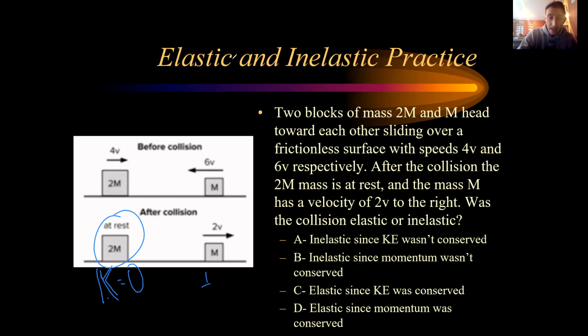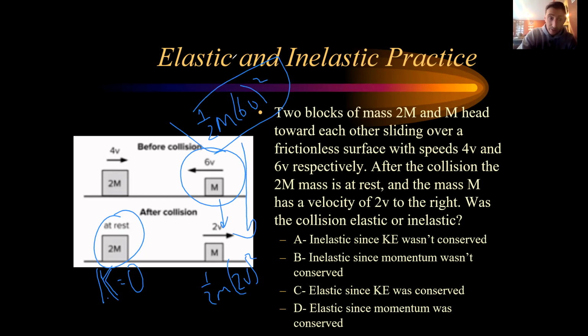And I have 1/2 m times 2v squared. Well, right away, I can tell you that this has more kinetic energy than that does, because it has 1/2 m, the same m, times 6v squared. It has a lot more kinetic energy than that one does, and this one still has kinetic energy. So it's lost kinetic energy. Therefore, inelastic, so this should be A.